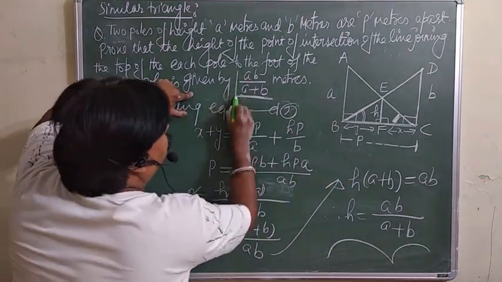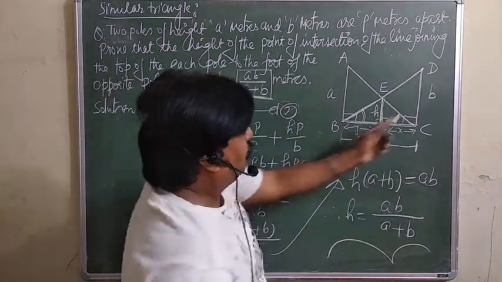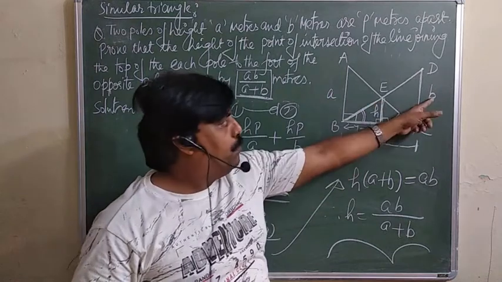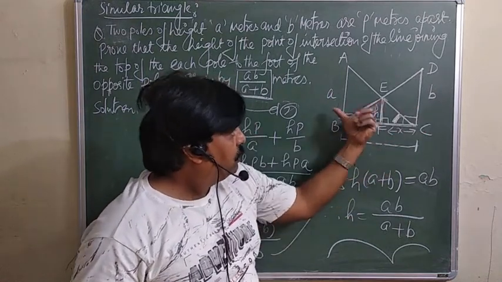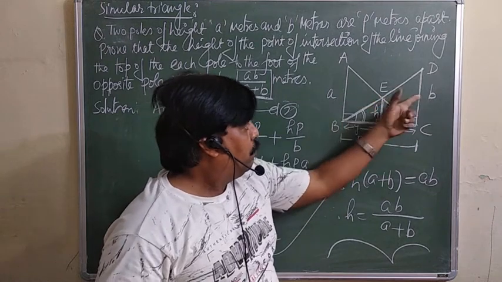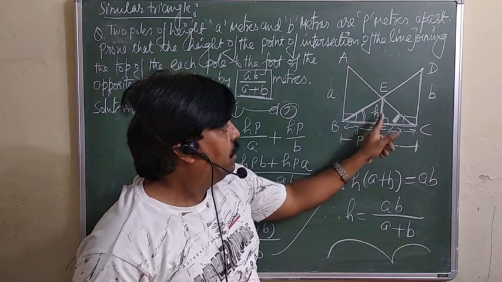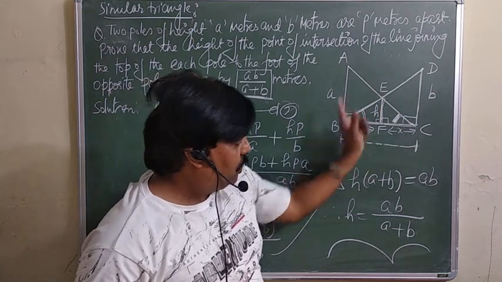We wanted this height to be equal to the product of A and B over the sum A plus B. That will be the height of this intersecting point from the base BC. So have a look.